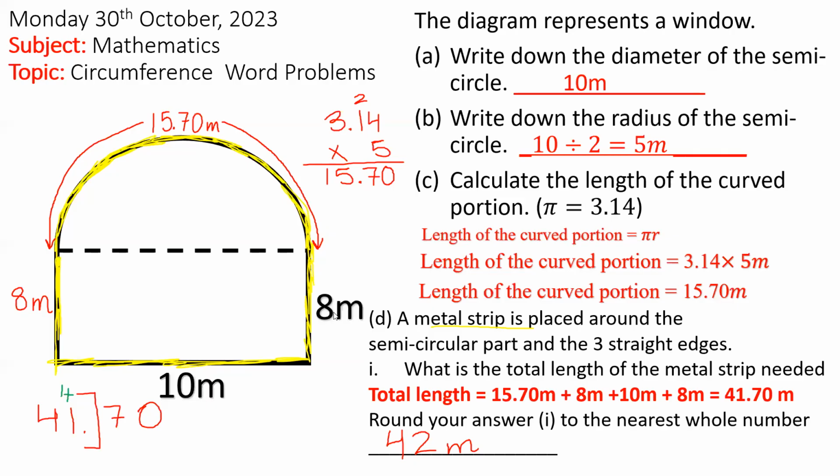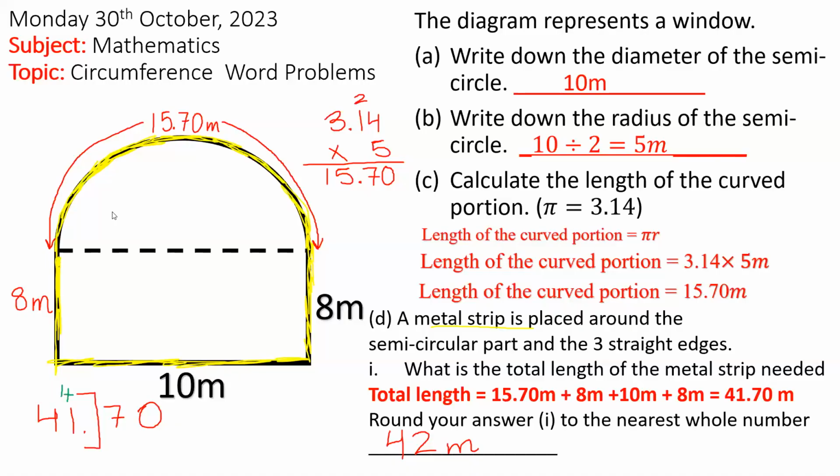First we added 15.70, then we added 8 meters, then we added another 8 meters, and then we also added 10 meters. And when we added that up, we got 41.70. Why did we use 15.7? Because that's the length of the curve portion.